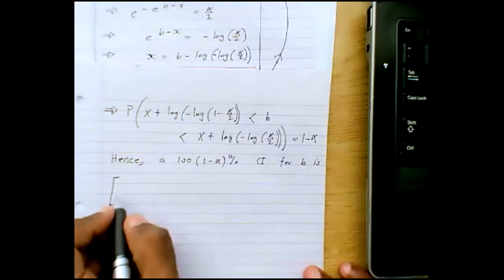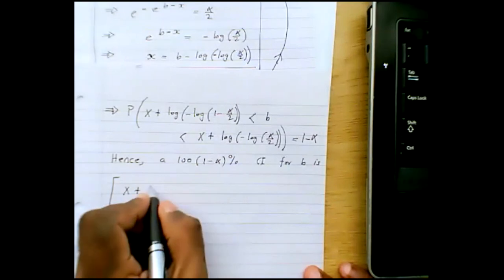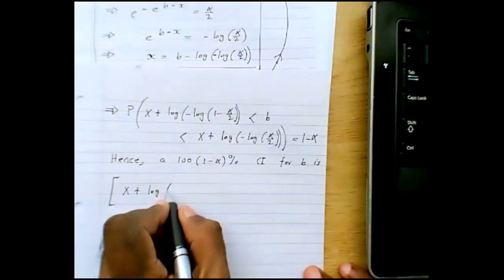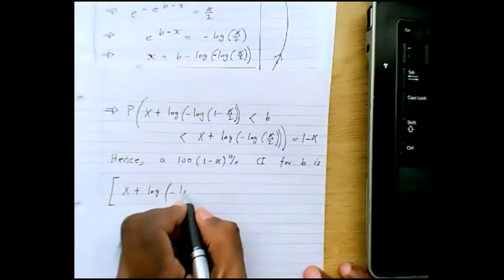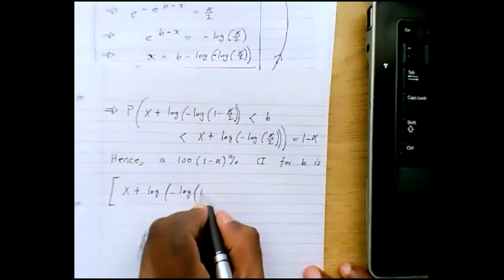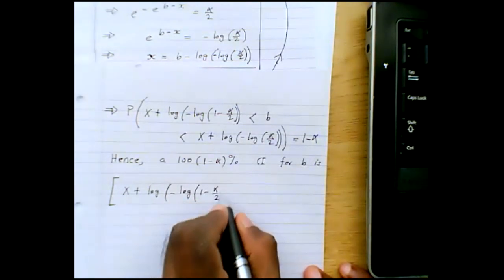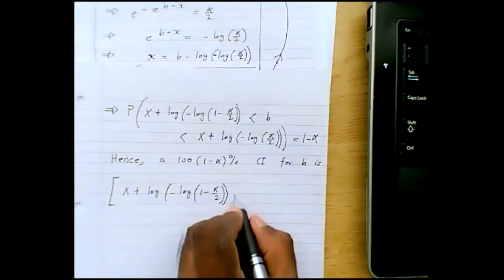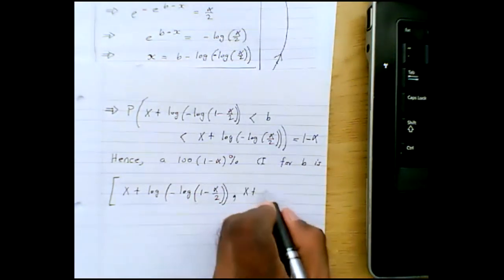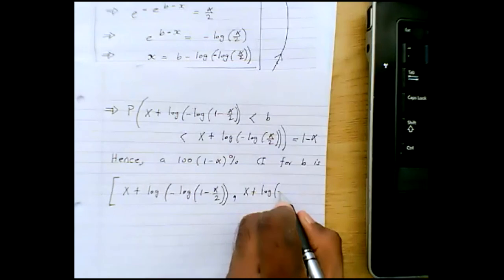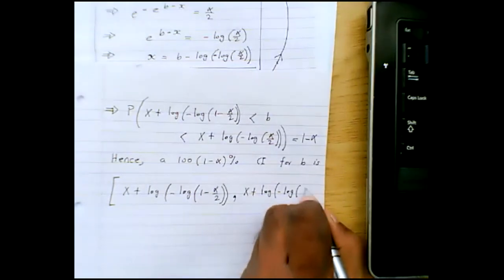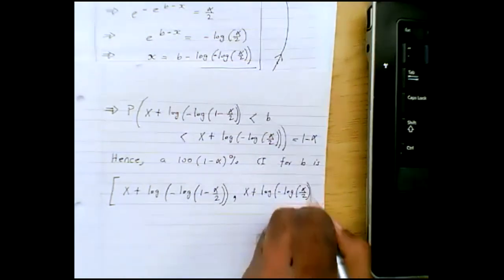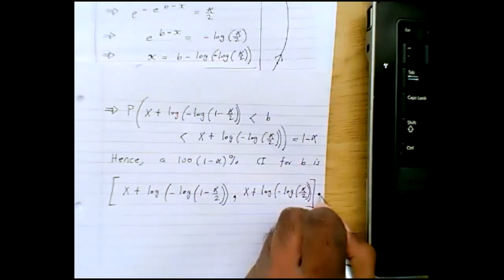So the lower limit is going to be, right, and the upper limit is going to be, okay.